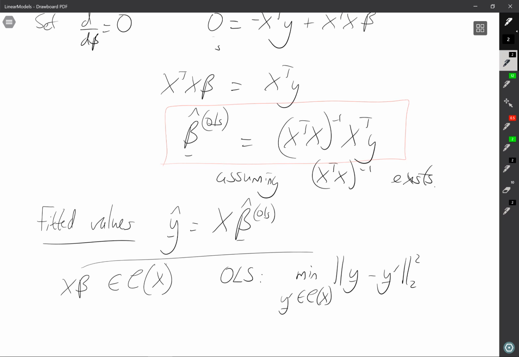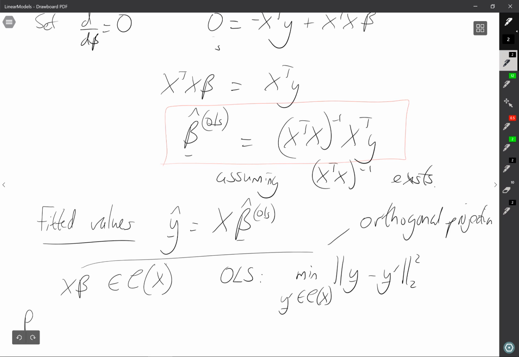It is finding a point in the column space of X that is as close as possible to the original data y. This is just the definition of orthogonal projection, which we saw in chapter 2: find the vector that is closest according to the L2 norm in some subspace.